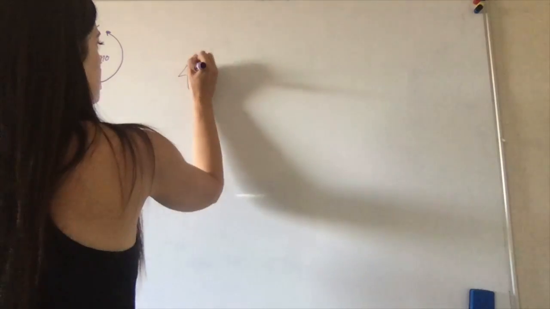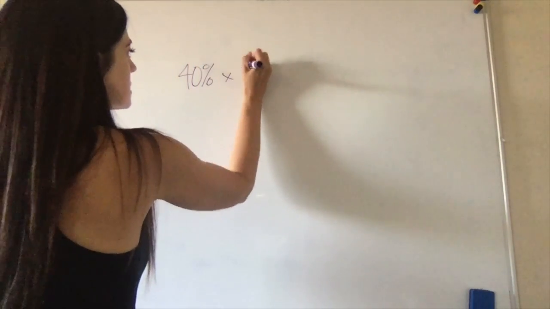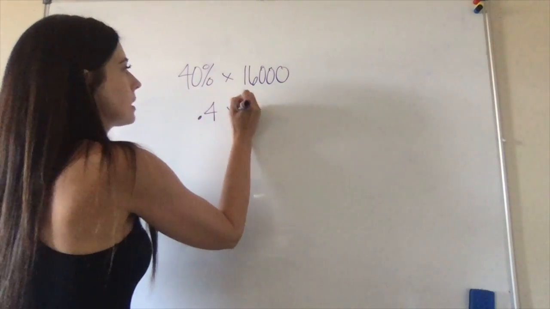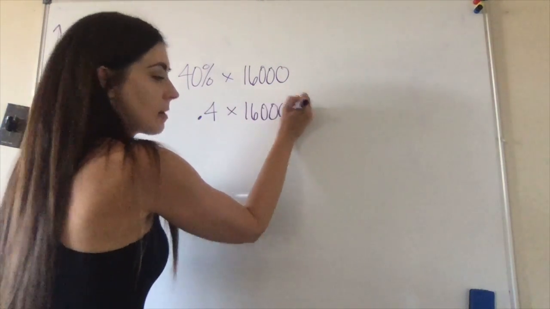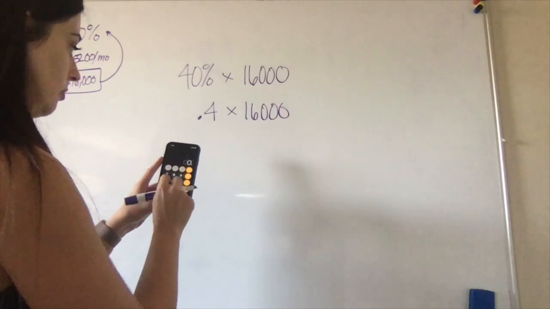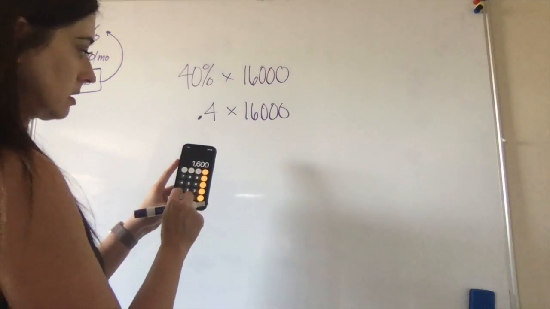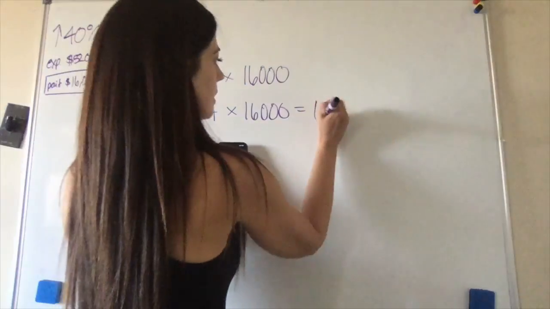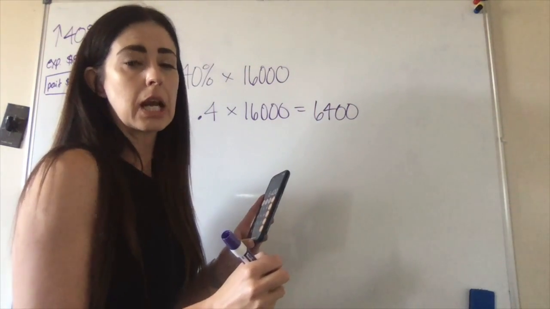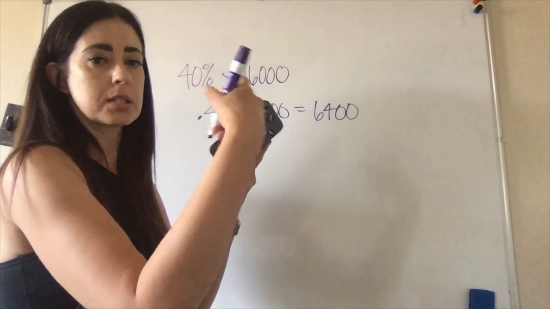So we're going to do 40% times 16,000, which is 0.4 times 16,000. I'll get my calculator. 0.4 times 16,000 is $6,400. So $6,400 is what she marked her stuff up.